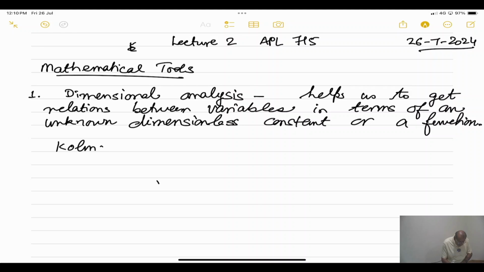In fact, there are two theories by Kolmogorov. Kolmogorov was a Russian mathematician. In probability theory, Kolmogorov is very well known, and in 1941 he wrote 2 papers, and in both of those we will see extensive use of dimensional analysis.